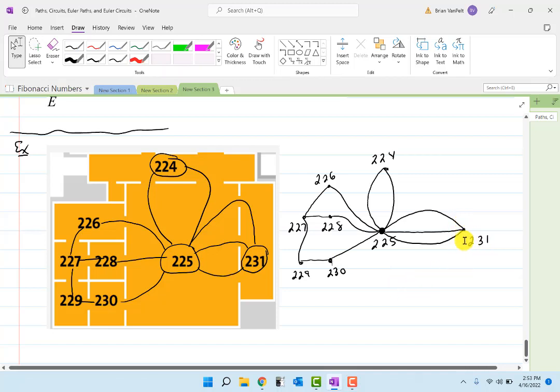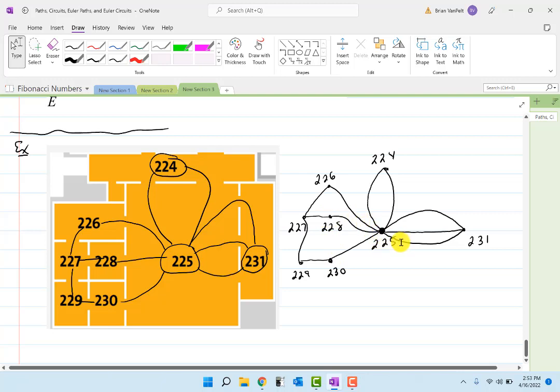I noticed that 231 is a vertex of odd degree, so there's 1. 227 is a vertex of odd degree, so there's 2. Now, let me see if there's any other vertices of odd degree. All of these, 226, 224, 229, 230, and 228 are all of degree 2, so there's no problem there.